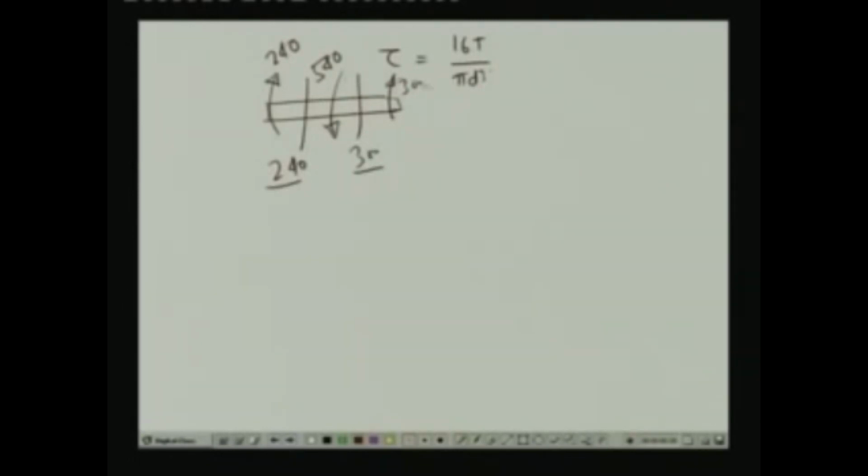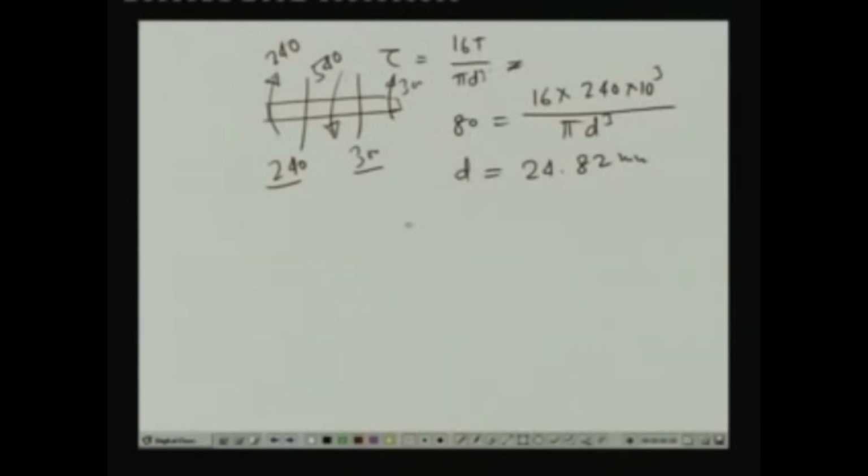So, if we compute the value of stress for the first one, shearing stress is limited to 80. So, 80 is equal to 16 times 240 into 10 to the power 3 divided by pi d cube. From this we get d as equal to 24.82 millimeter.